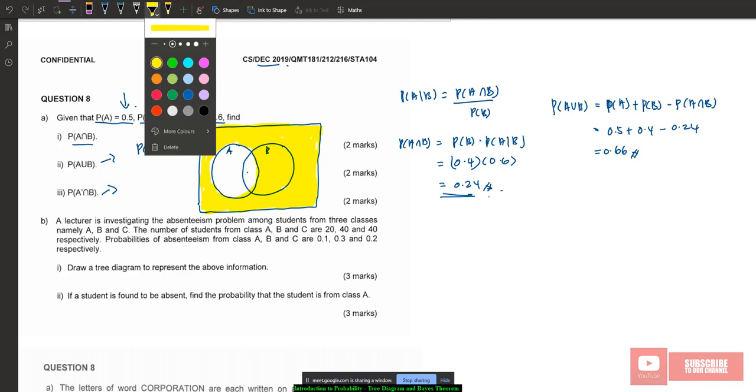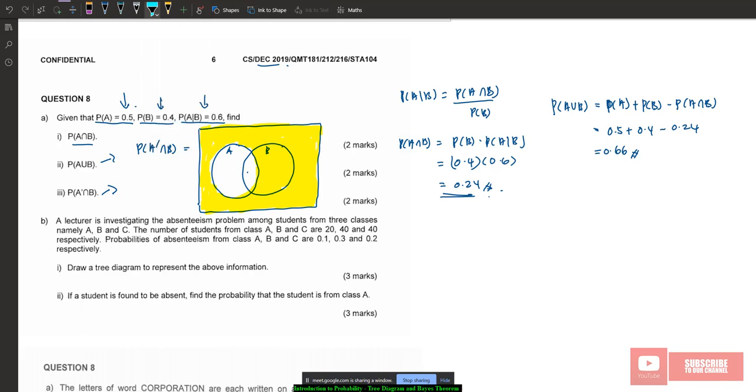A complement intersect B. This is B, and the intersection is the green area. So this is A complement intersect B. How do we find its value? It should be equal to the probability of B minus the probability of A intersect B. If you take the whole of B minus A intersect B, you get the green area.